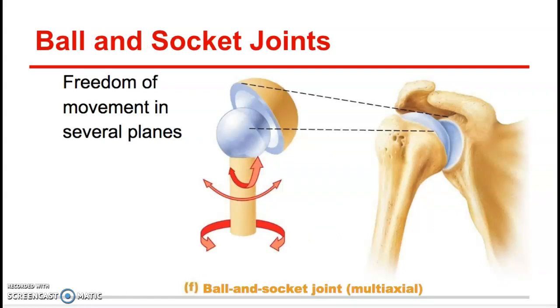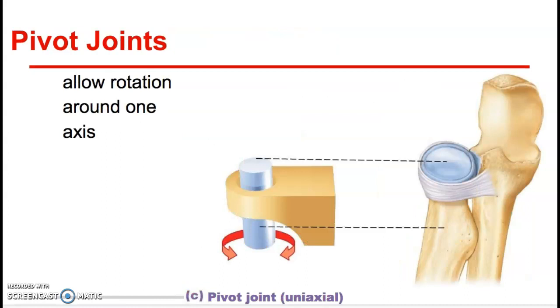There's a ball and socket joint, which is freely movable. We can rotate our humerus in the shoulder joint in all sorts of directions, multiple planes. And then we have a pivot joint, like the radius and the humerus. So the radius pivots on one axis.